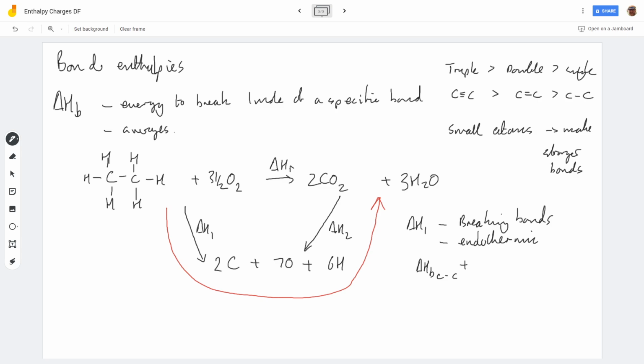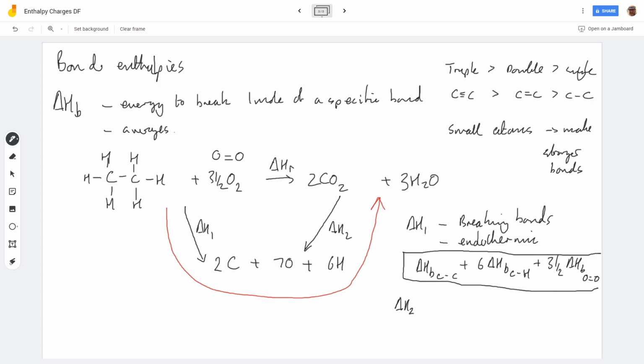We're breaking 6 lots of the bond enthalpy between carbon-hydrogen, and we're breaking 3.5 times the bond enthalpy in an oxygen molecule. So we can think of an oxygen molecule as like that. So this here is delta H1. So we'd need to know all these bond enthalpies and work out what these are to work out delta H1.